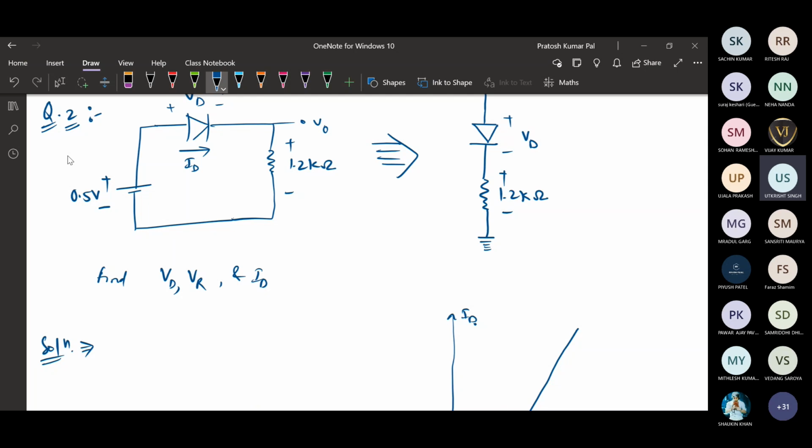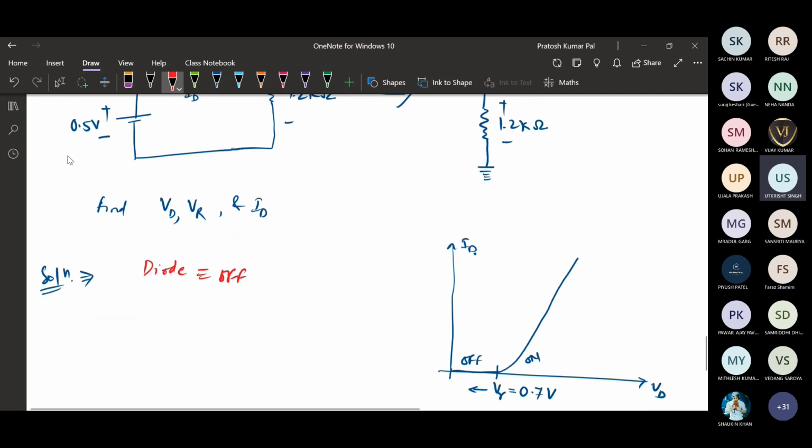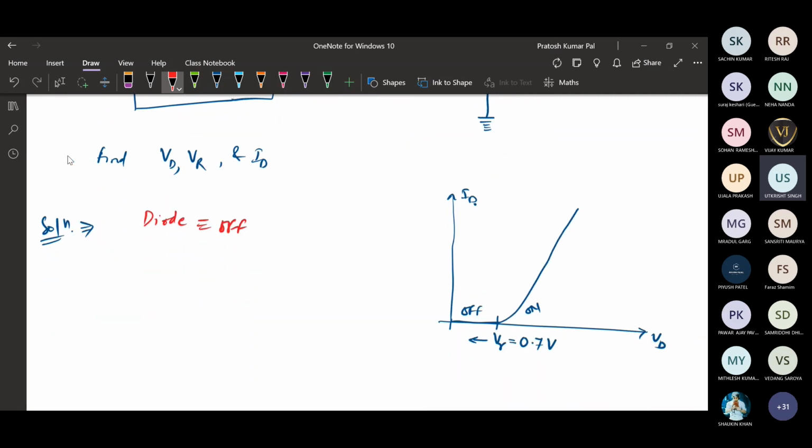That means it is less than the knee voltage, so the diode will behave like an off state diode. So here we can write the diode will be in off state. If the diode is in off state, we can redraw the circuit.